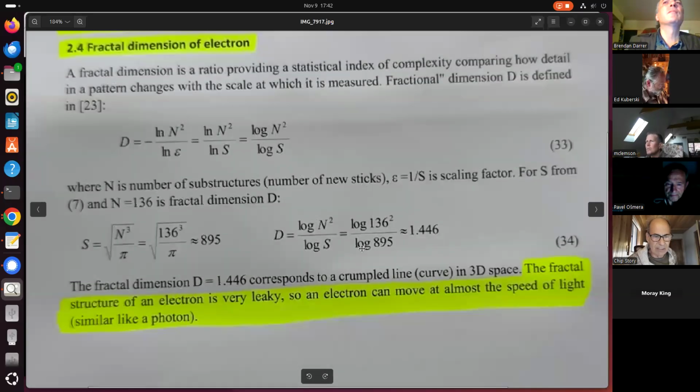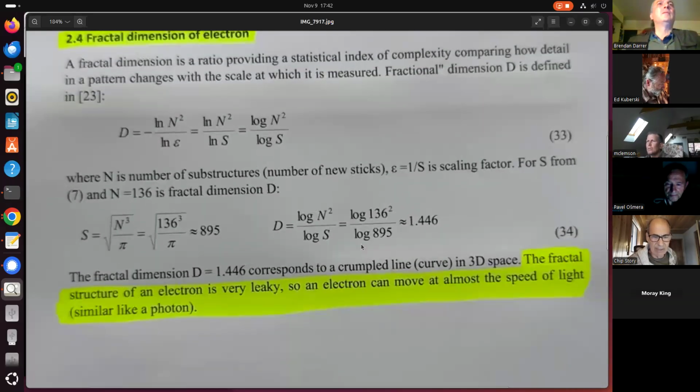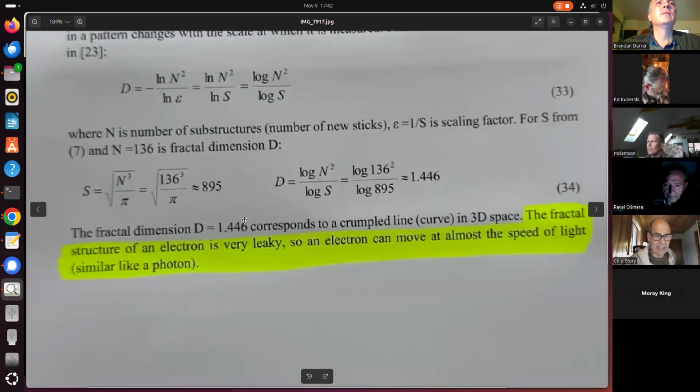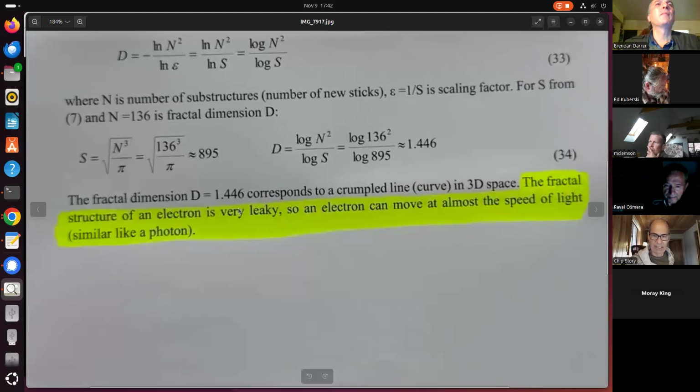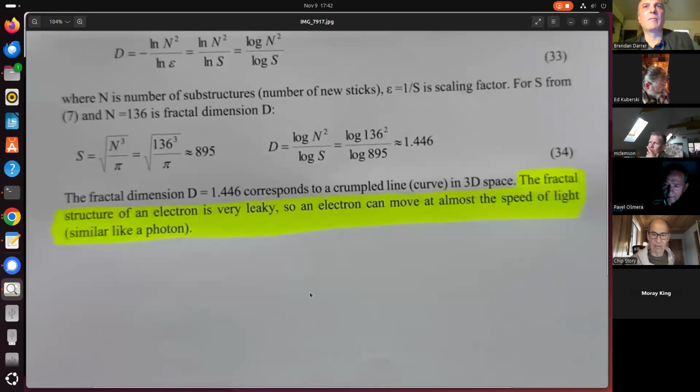So that fractal dimension D is laid out with natural logarithms of the orbital shell numbers, epsilon, I'm not sure what it is, and spin. Where n is the number of substructures, 1 over S is the scaling factor for S from n equals 136 in fractal dimension D. The fractal dimension D is 1.446, which corresponds to a crumpled line curve in 3-space.